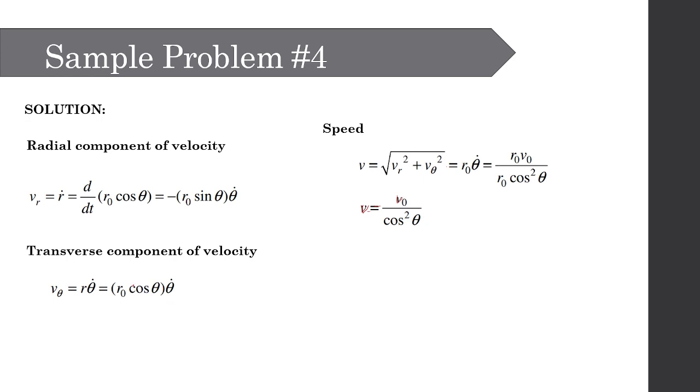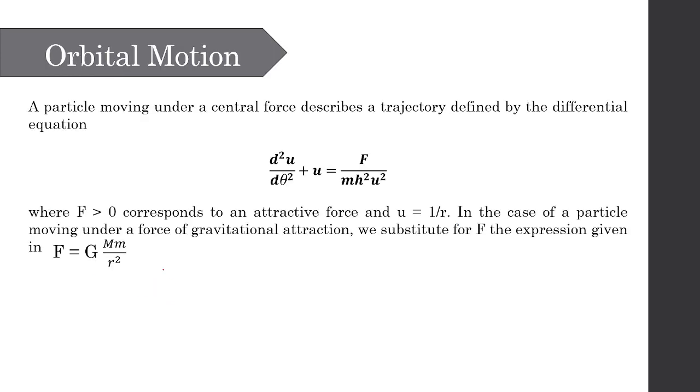For the transverse component of velocity, v_theta is equal to r theta dot, where r is just equal to r_0 cosine theta. So, orbital motion: a particle moving under a center force describes a trajectory.